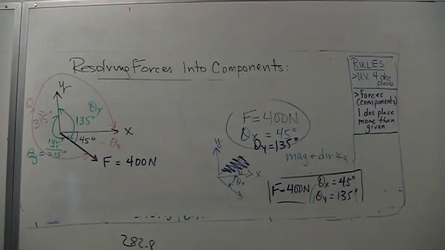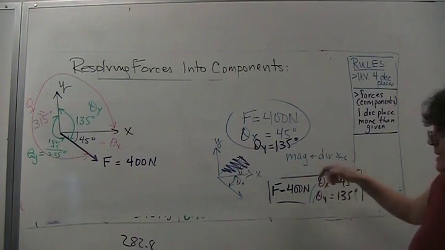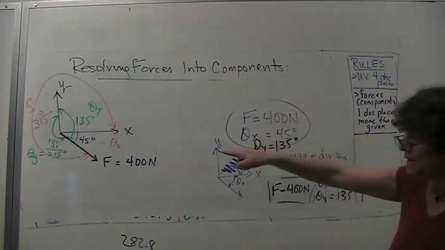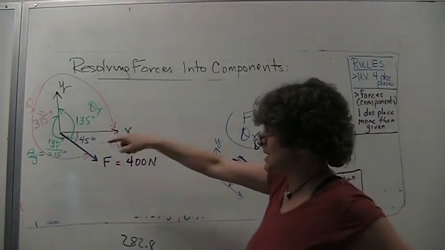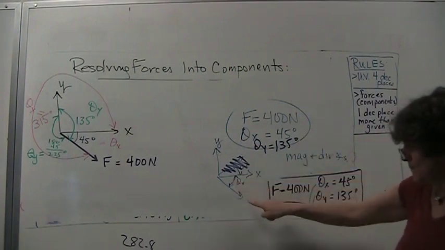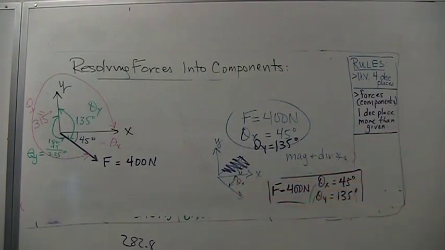Did everybody catch that? In a two-dimensional problem, you have to represent both thetas, because now we know that theta x could have two values and theta y could have two values. By giving both values, I know where to pinpoint where that actual vector is.